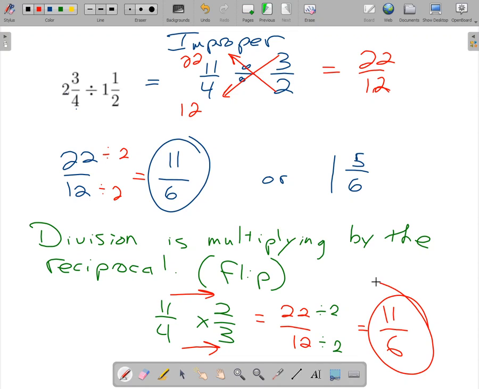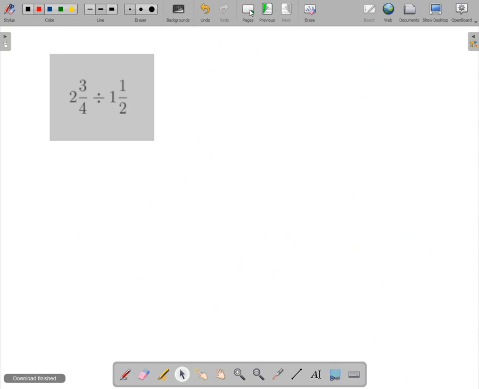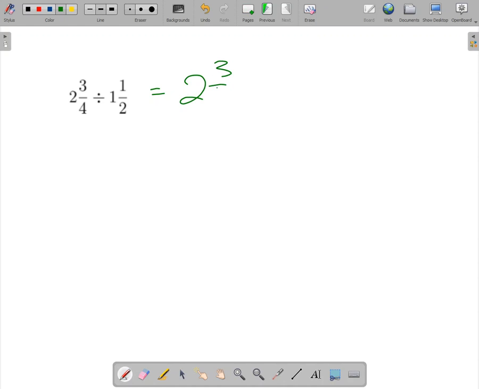Forget about improper fractions. Let's copy this thing and get a little crazy. So I want to rewrite this as multiplication, so that's 2 3/4 times the reciprocal of 1 1/2. What's the reciprocal of 1 1/2?